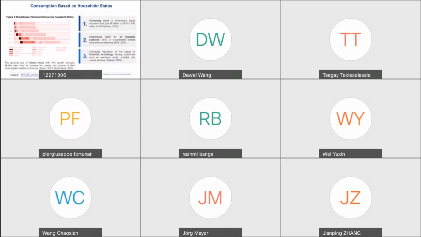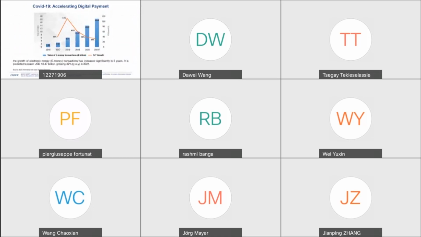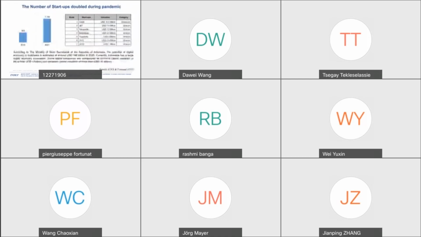As we know, the COVID pandemic accelerated the digital economy in Indonesia. We see that the growth of electronic money, e-money transactions, has increased significantly in 5 years. It is predicted to reach 18.47 billion US dollars, and it means that it is growing 32% year over year in 2021.